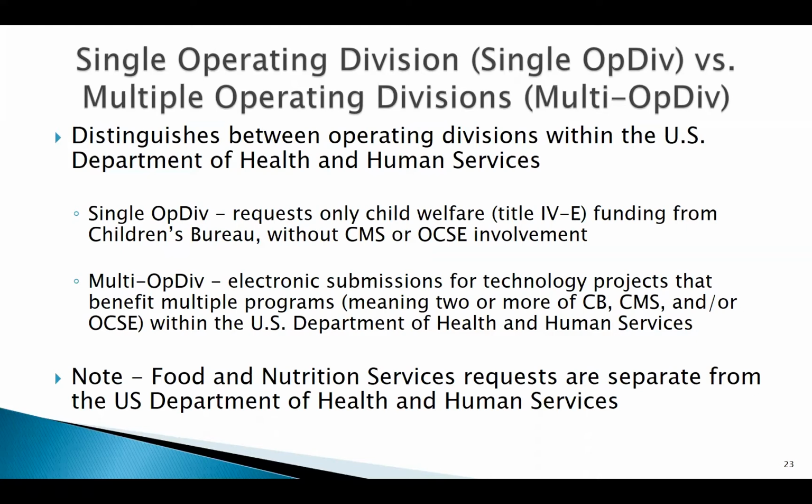Your single ops are for child welfare, Title IV funding from Children's Bureau with or without CMS or OCSE involvement. A multi-op project benefits multiple programs, meaning 2 or more, both Children's Bureau, CMS, or OCSE, which are within the U.S. Department of Health and Human Services. Note that FNS requests are separate from HHS.